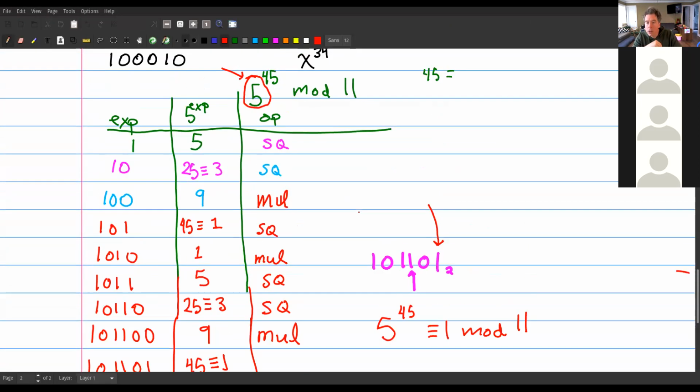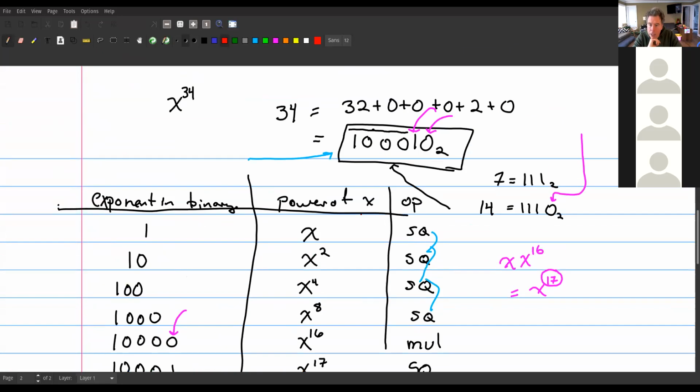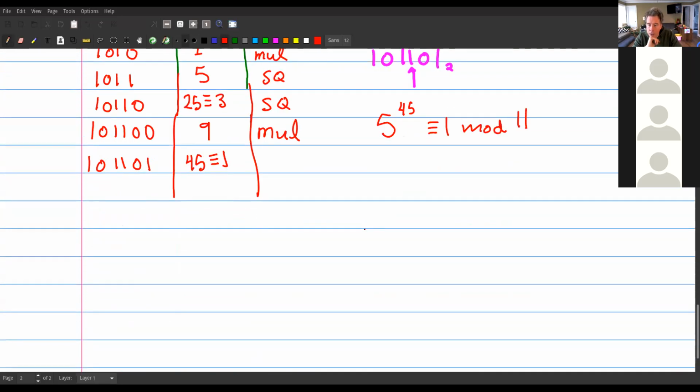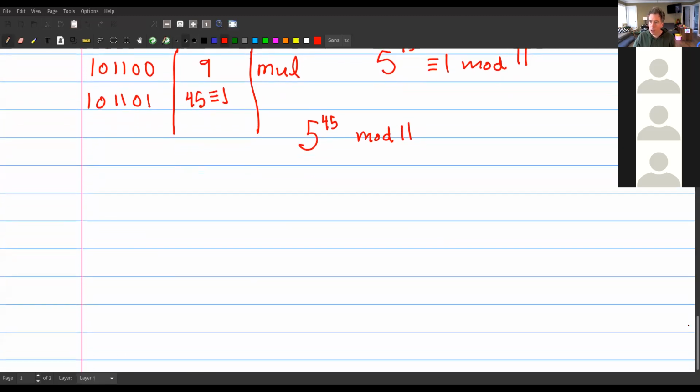Right. So the thing that is impossible that a student could ever get right, but which is true, if you're trying to figure out 5 to the 45 mod 11, think of this in terms of Euler's theorem, which we did last time.